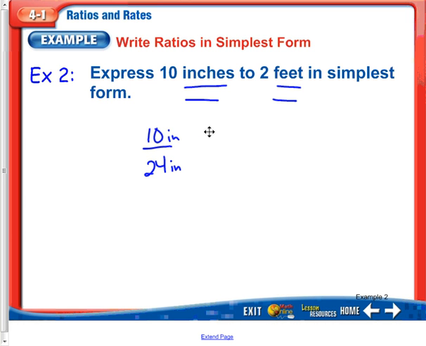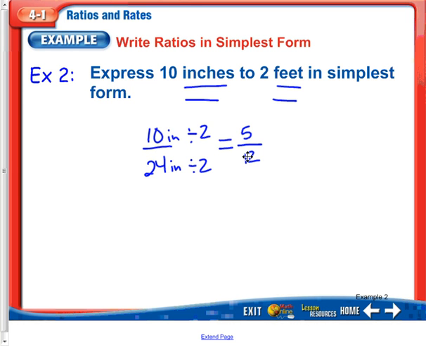And again, you want to think of the largest number that goes into both of these, and so we divide both top and bottom by 2. Again, we want to show that work. Whatever you do to one side, you have to do to the other, because really what we're doing is dividing both by 2 over 2, which is 1. And whenever you divide a number by 1, you're not really changing the number. All we're doing is writing it in an equivalent form.